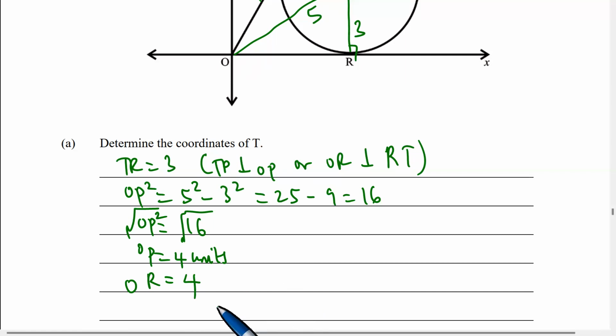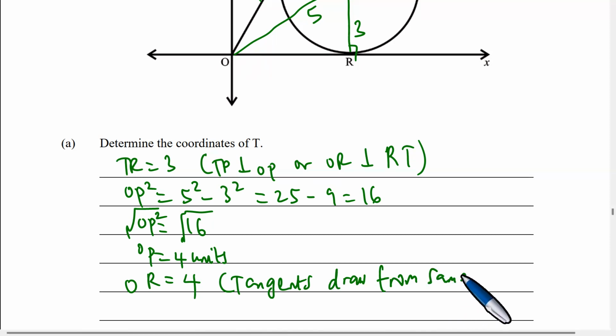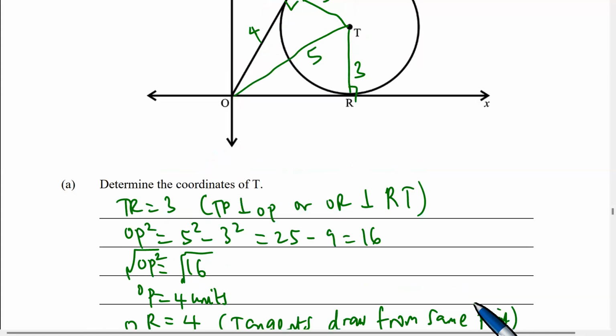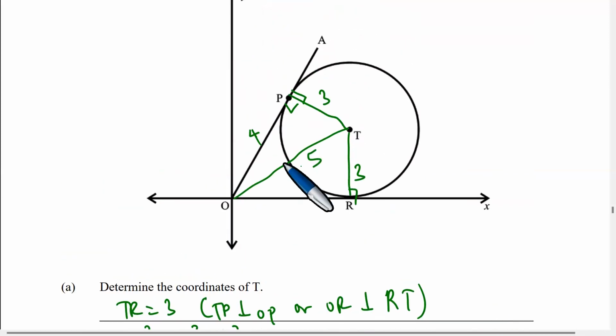These are tangents drawn from the same point. It means OR is 4, but also this one is 4. What is XT?